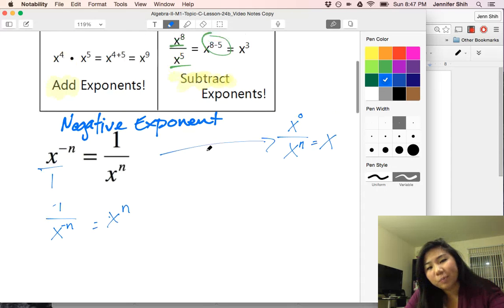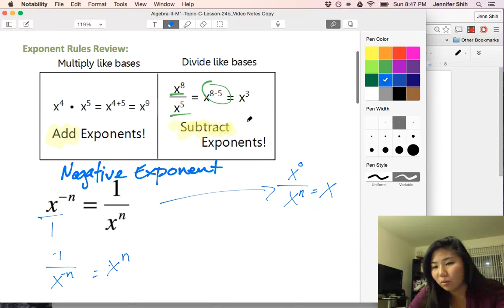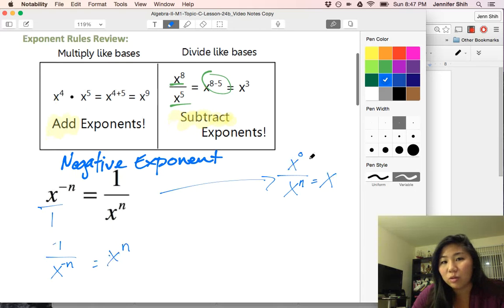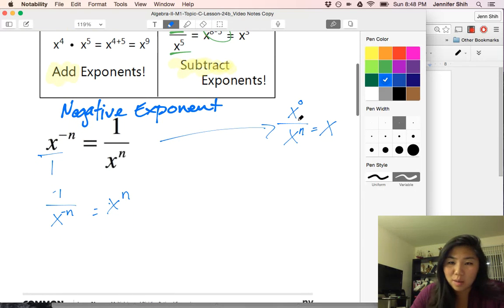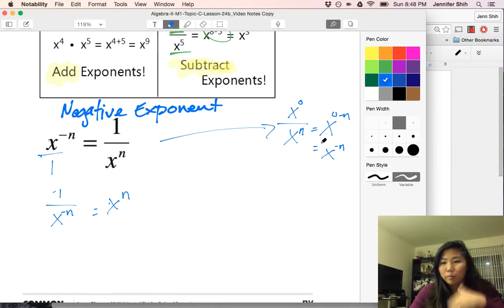Using our divide with like bases rule, we're going to subtract exponents. Because they have the same base, x, you can subtract the exponents, which means now you're left with 0 minus n, or negative n. So if you're wondering why it moves to the numerator from the denominator, or to the denominator from the numerator, you can always think of it as a 0 power, and then you're subtracting using your exponent rules.